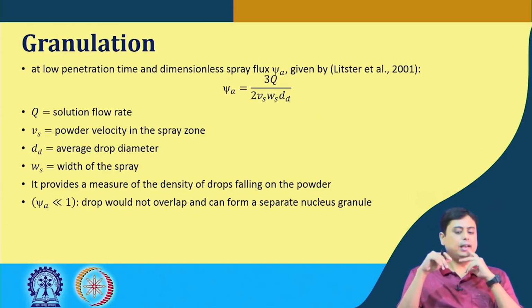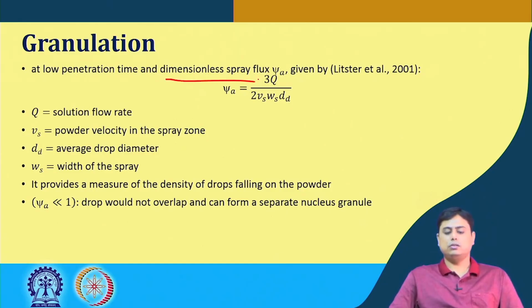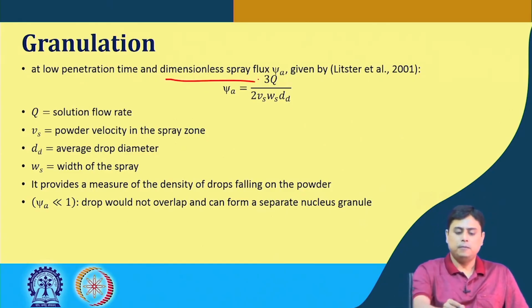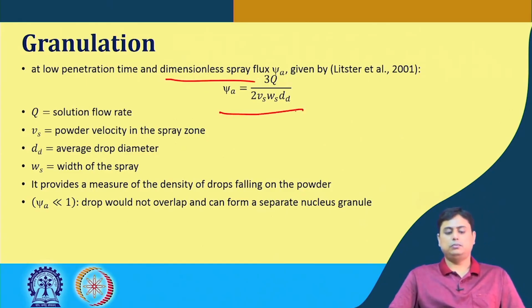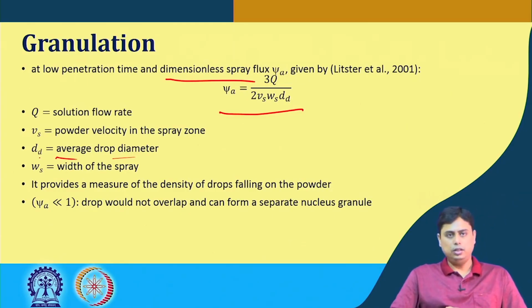Now, that flux rate is basically proposed as a dimensionless number, which is expressed in this form, where Q is the solution flow rate, Vs is the powder velocity in the spray zone, the average droplet diameter is dD, Ws is the width of the spray.